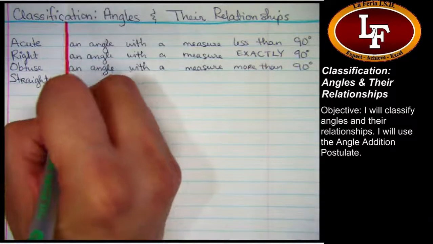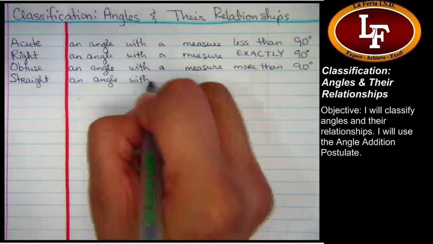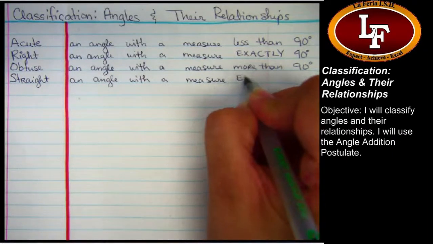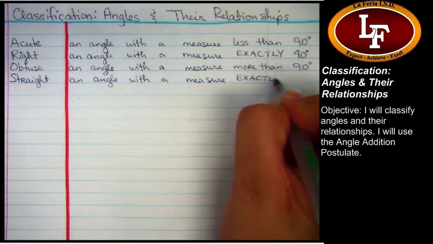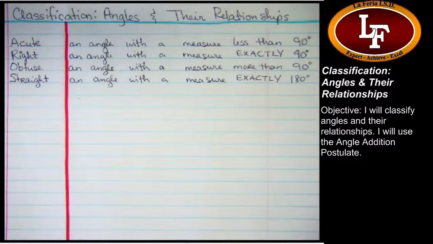And the last one is a straight angle, and this is an angle with a measure exactly 180. So as you can see by the way I wrote it down, acute is the smallest, right is kind of our first big landmark, obtuse is bigger than right, and straight is kind of where we end.